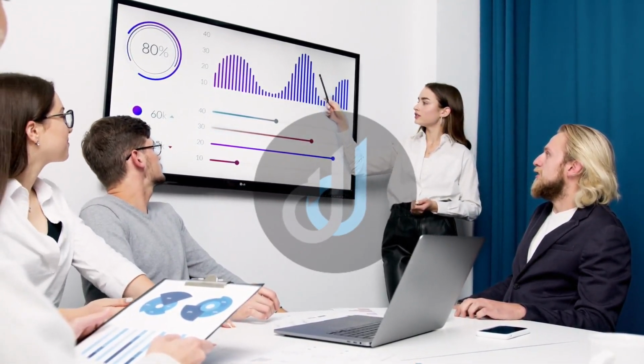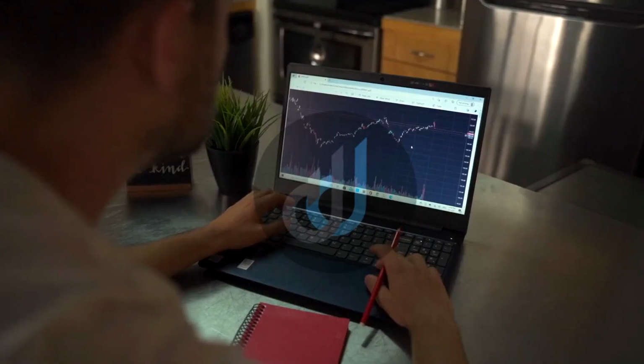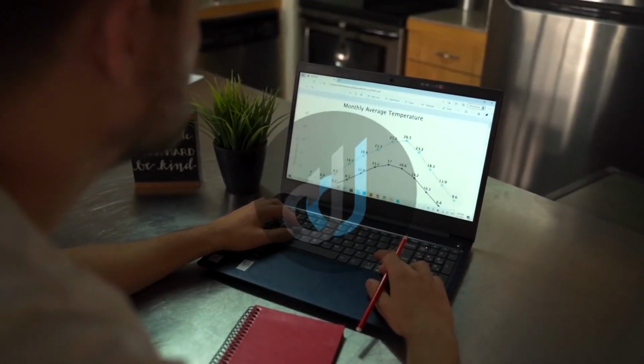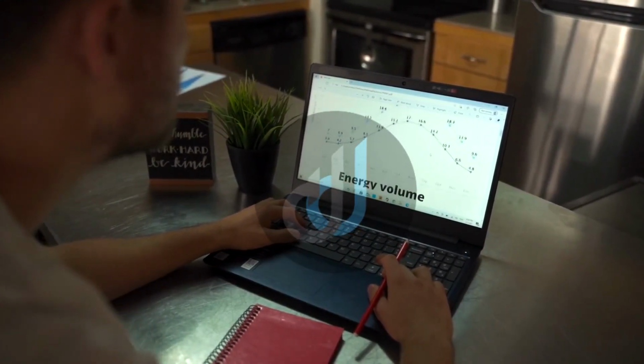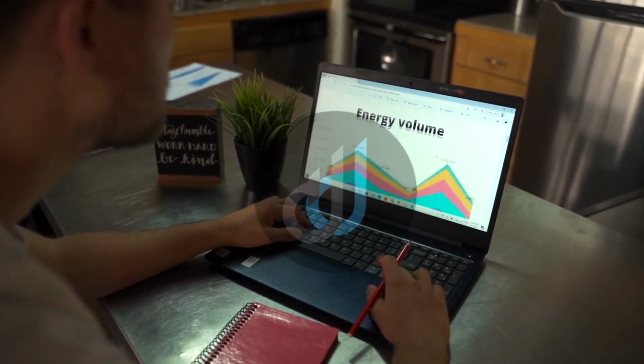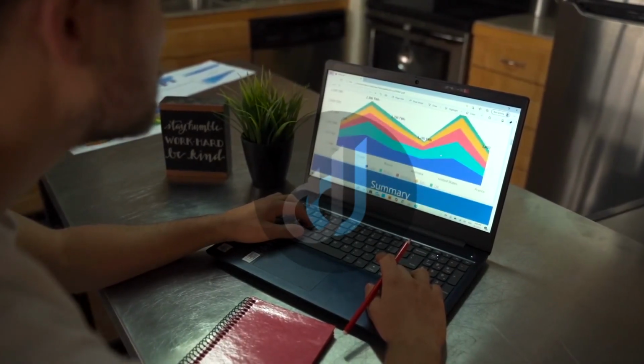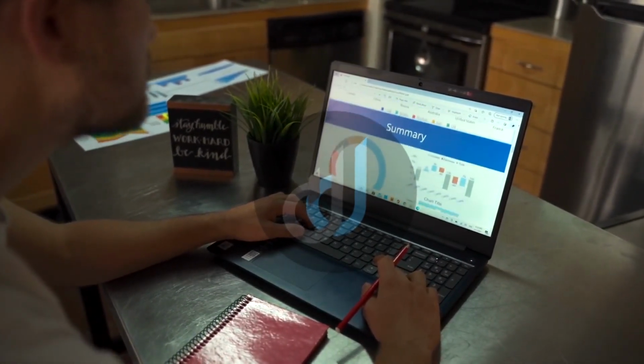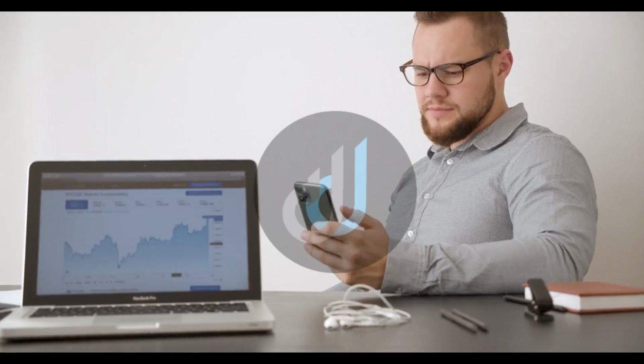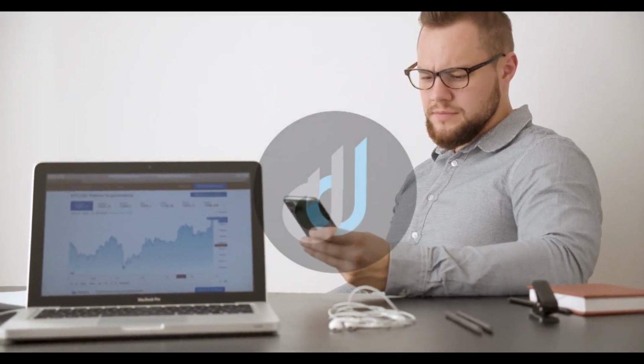Now that we've covered what investment diversification is and why it's important, let's talk about how to create a diversified investment portfolio. There are several steps you can take to create a diversified portfolio. Step 1.